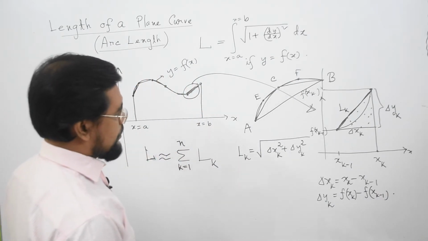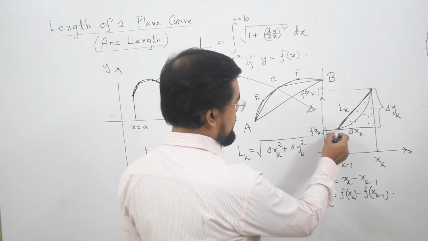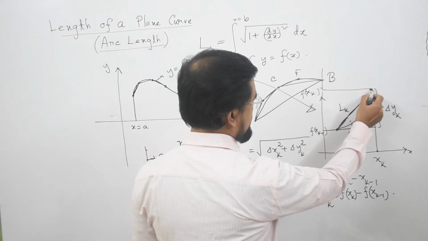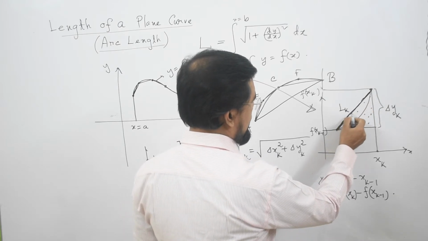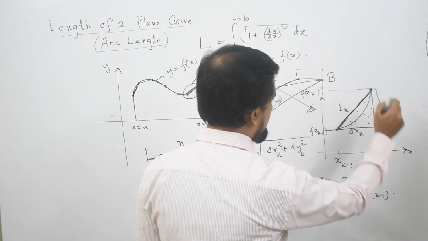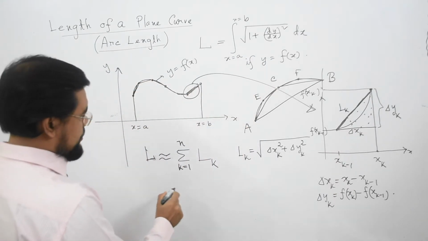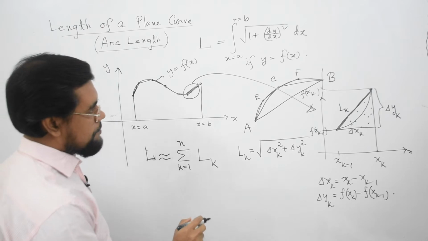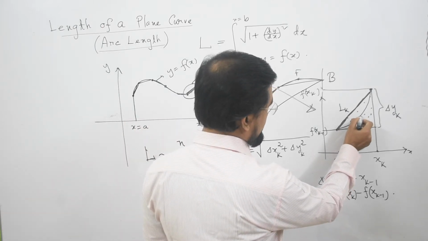Now one can easily understand that this line is called a secant line, and the slope of this secant line will be the same as that of a tangent line.